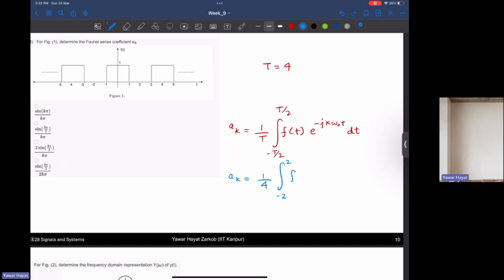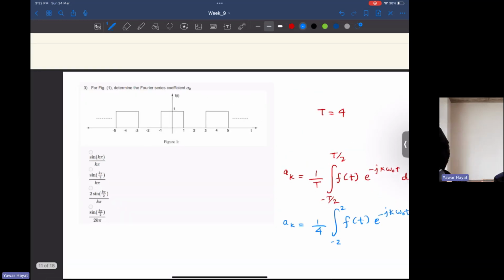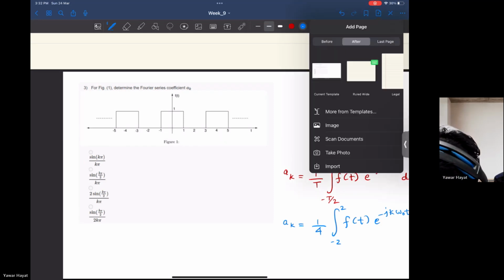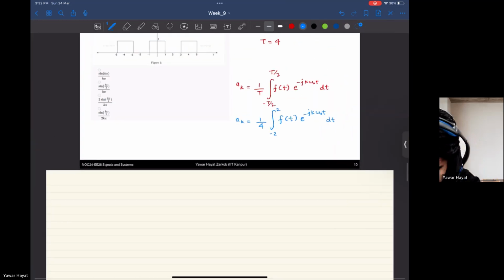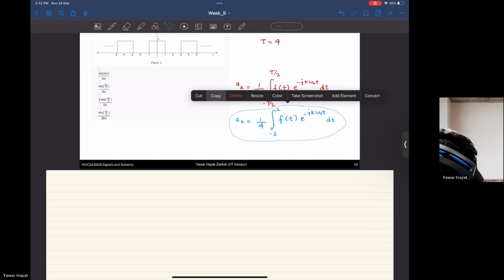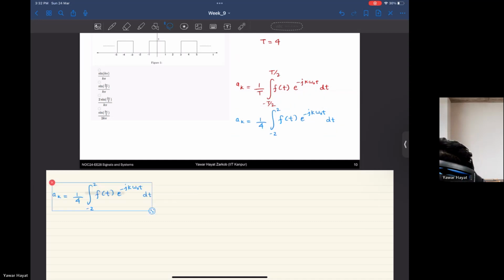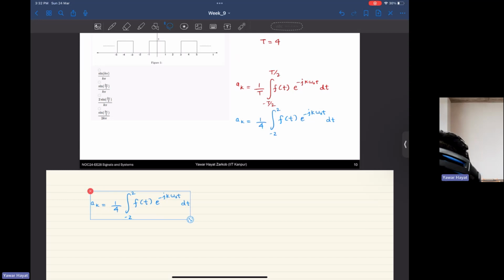This is f of t e to the power minus j k omega naught t dt. Right. And now I know that this is equal to this.